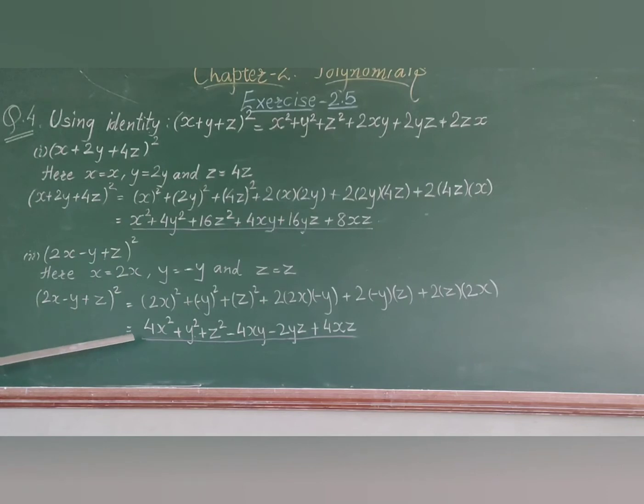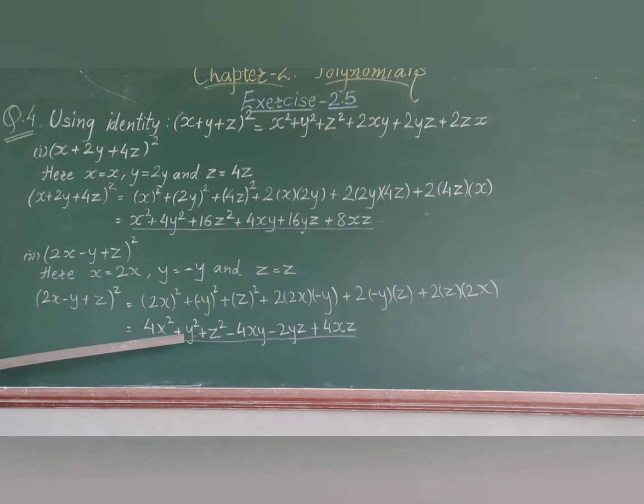Then you will get 4x square, because square of 2x is 2 squared, 4, and x square. Square of minus y is plus y square. Square of z is z square. Then we multiply plus and minus, we get minus sign, because there is only one minus sign. So 2 into 2x into minus y will give minus 4xy.